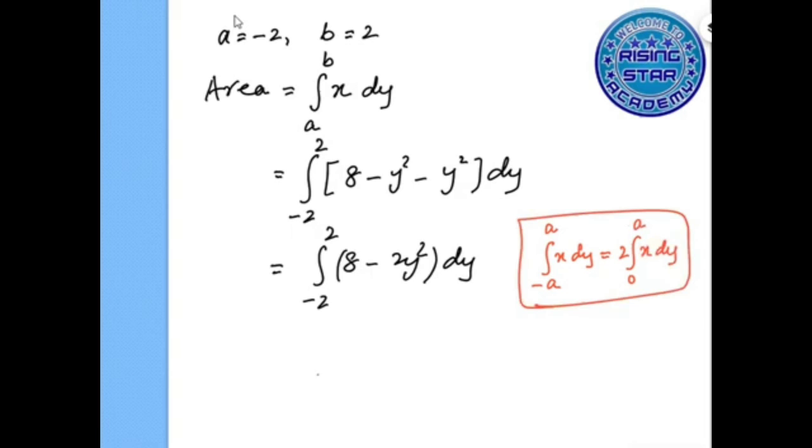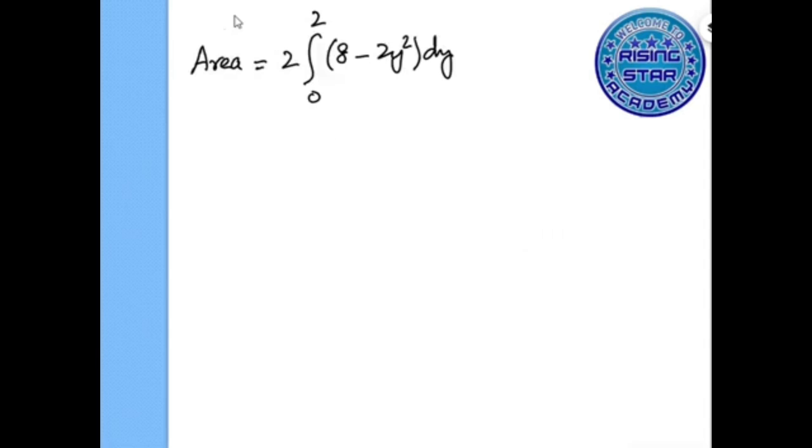So I would apply the same rule over there to get my answer. So I would write 2 times 0 to 2, then 8 minus 2y squared dy. Now I would integrate and get the answer of the area.